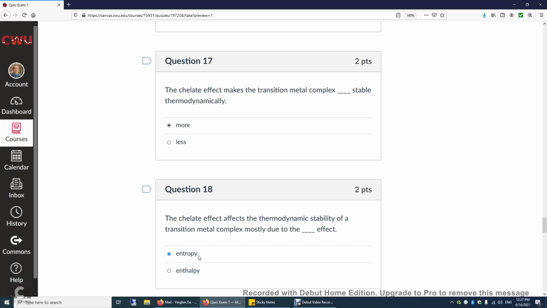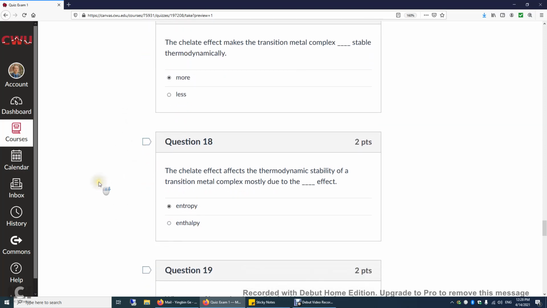So if you look at the reactant side, all right, you have a chelating ligand and a transition metal complex. On the right-hand side, the product side, now you have 1 transition metal complex plus 2 ligands. So you go from 2 particles to 3 particles in that reaction. And that involves the increase of the entropy.